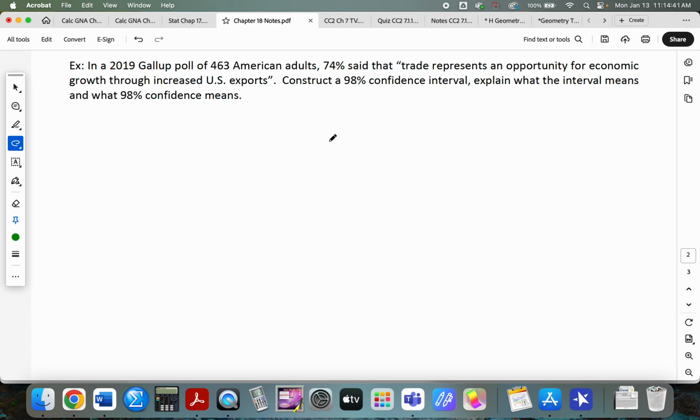That's what it means when you say you're 98% confident. And if you want to be more confident, you have to be less precise. We'll see that when we start making intervals.